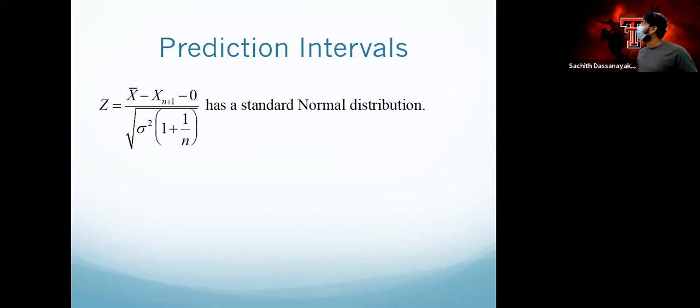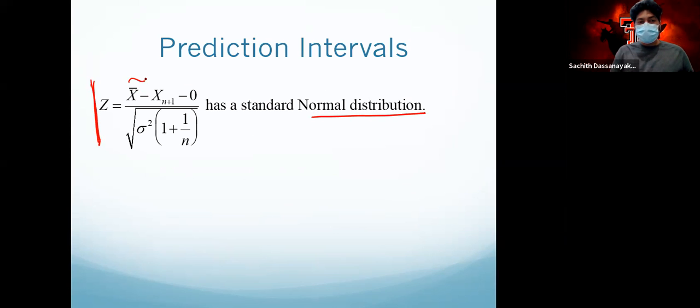So how do we derive or define the prediction interval? For a moment we can consider both Z intervals as well as T intervals. If we have Z intervals, which means we have a normal distribution, then the prediction interval looks like this.